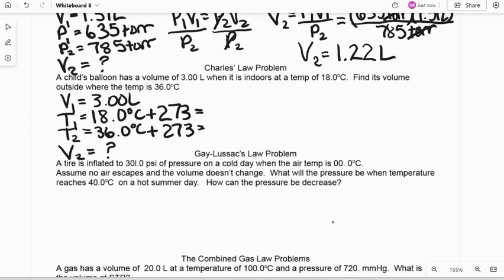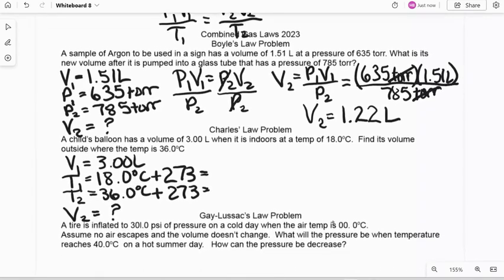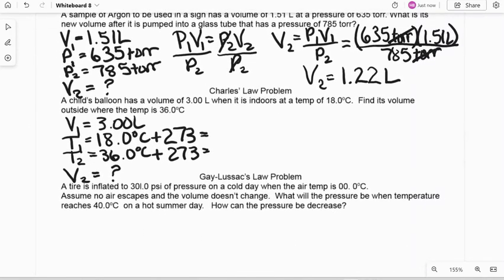So if you look up at our combined gas law, you're simply going to write it down without pressure. So it'll be V1 over T1 equals V2 over T2. So our temperatures that we've calculated, we're not even going to use Celsius at all, are 291 K and 309 K. So let's write this down, V1 over T1 equals V2 over T2.